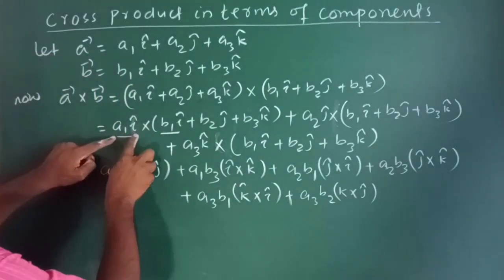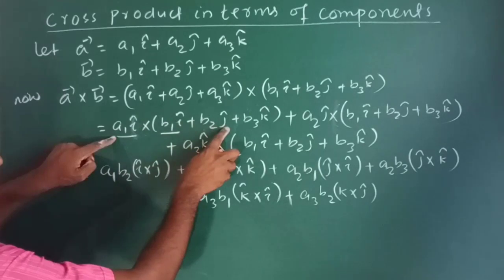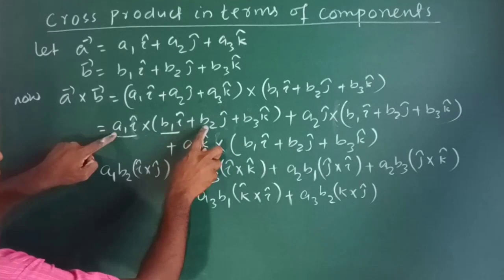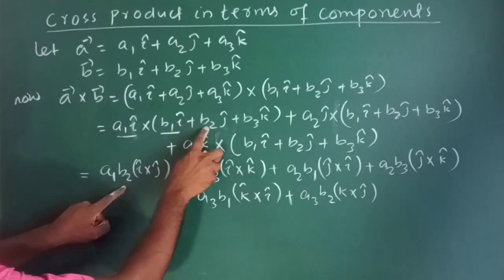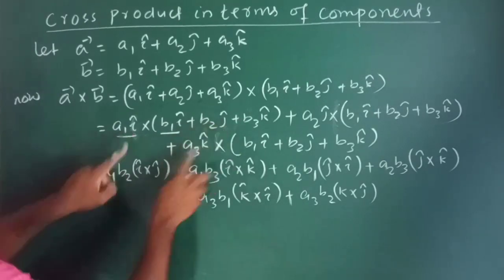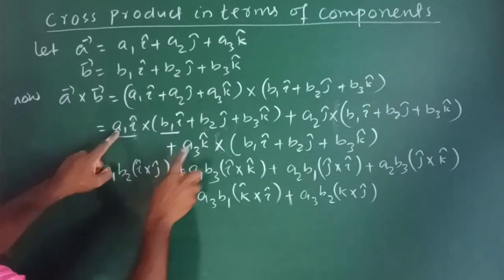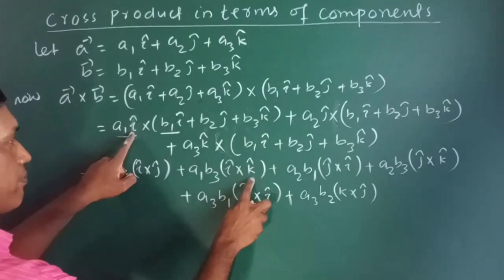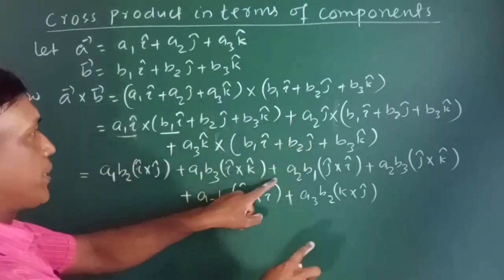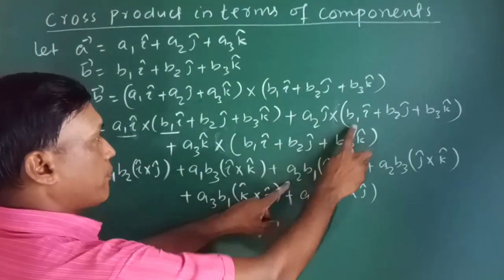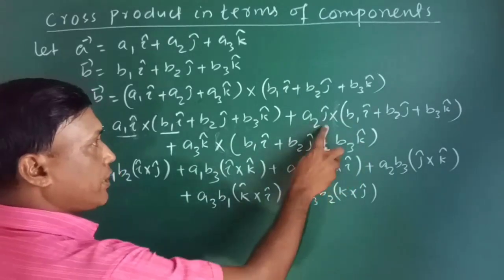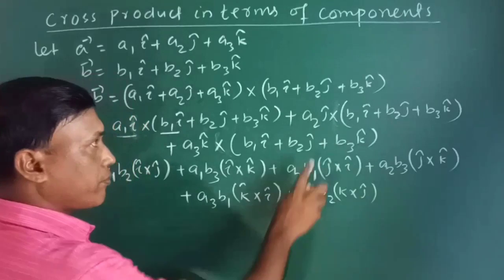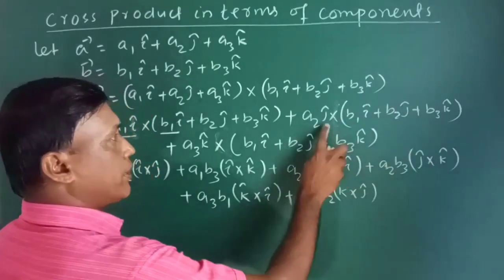Now A1 i cap cross B2 j cap, scalar with scalar, vector with vector, A1 B2 into i cross j. Now A1 B3 i cross k, plus here is A2 B1 j cross i, plus j cross j 0, A2 B3 j cross k.